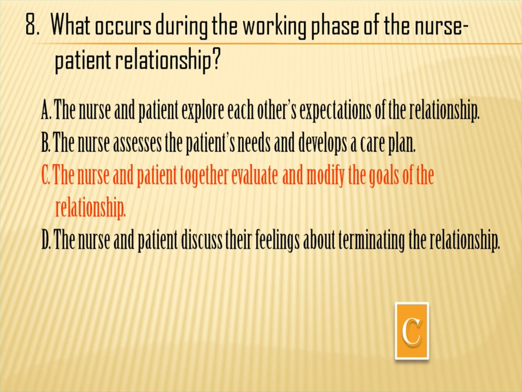During the working phase, the nurse and the patient together evaluate and refine goals established during the orientation phase. In addition, major therapeutic work takes place, and insight is integrated into a plan of action.